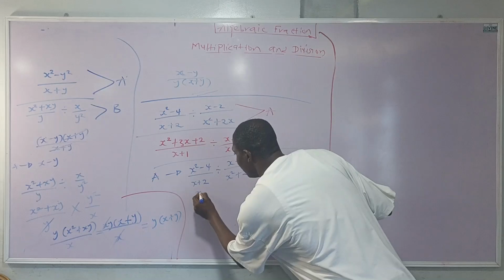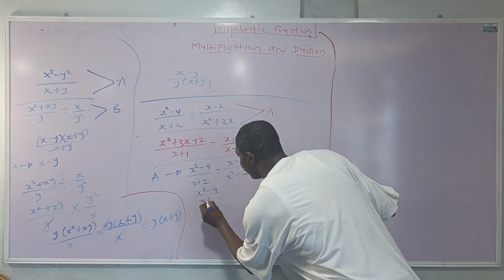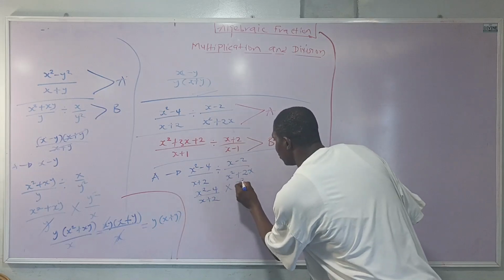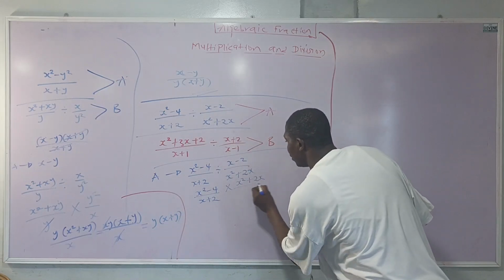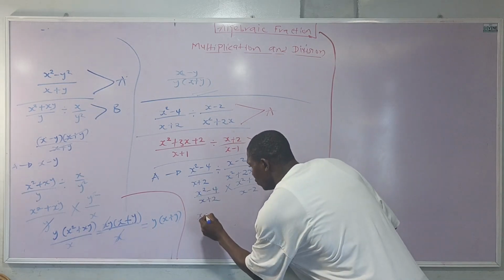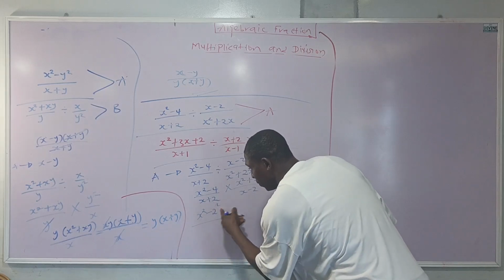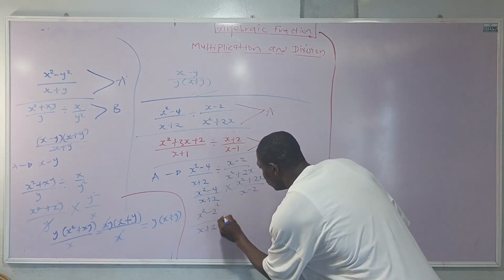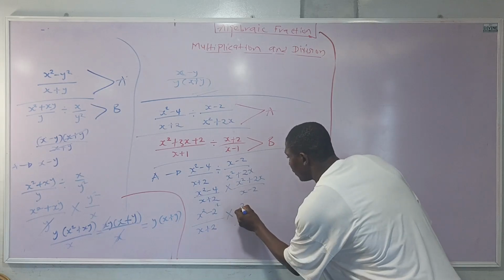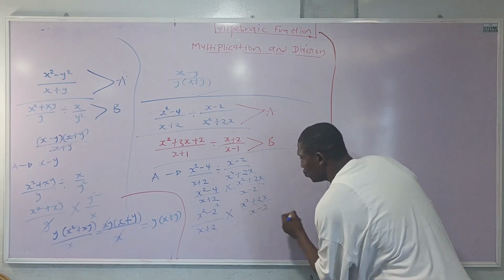So this will give me x squared minus 4 all over x plus 2 times x squared plus 2x all over x minus 2.